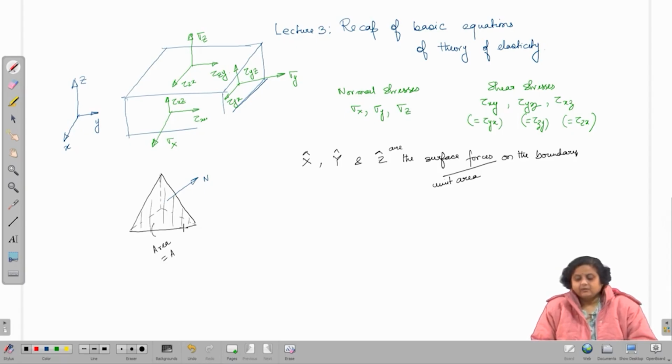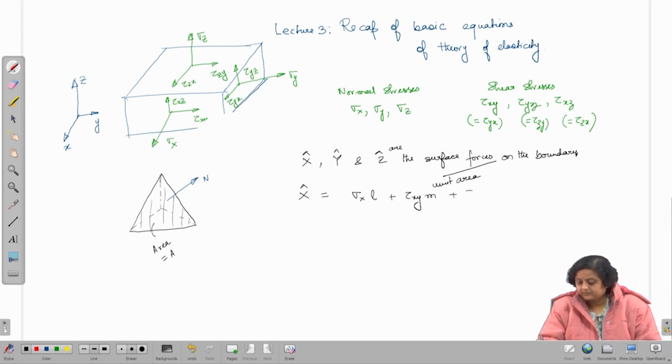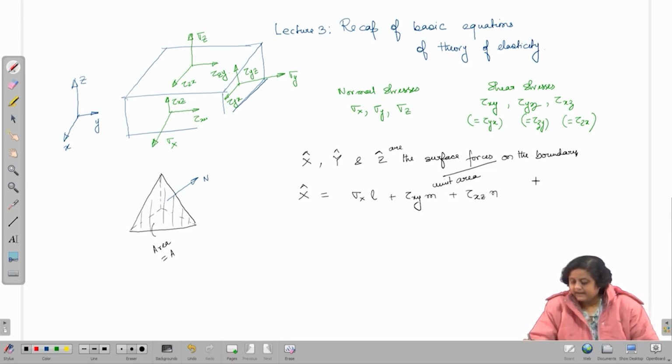Okay. Now, the boundary condition that the stresses need to satisfy is given as x hat should be equal to sigma x into l, where l is cos(n, x), where n is the normal on the boundary surface, and x is the x axis.